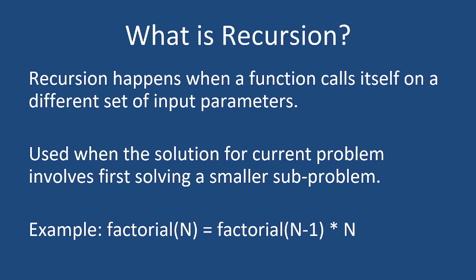What I would like to tell about different here is that if there is a function, like the example below, factorial n is equal to factorial n minus 1 into n. Had I called factorial n is equal to factorial n, that would have been the same code, and that would not have given me anything useful. So that's why there's a different set of parameters.